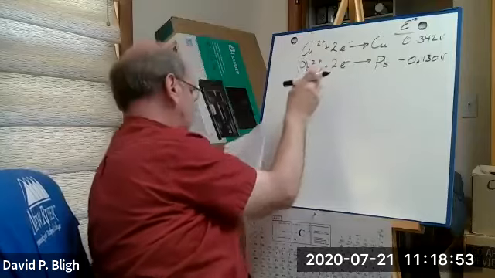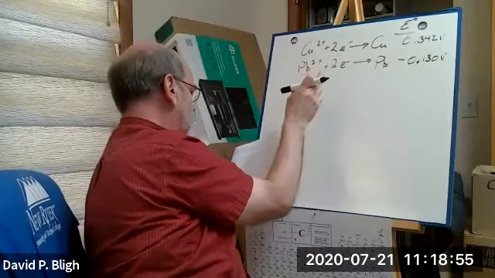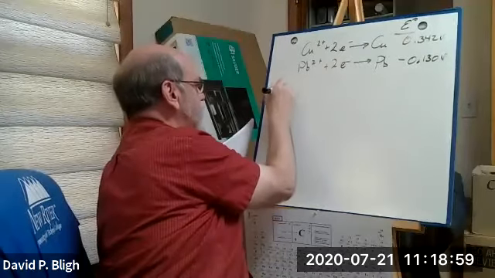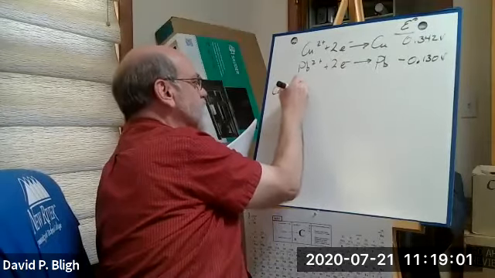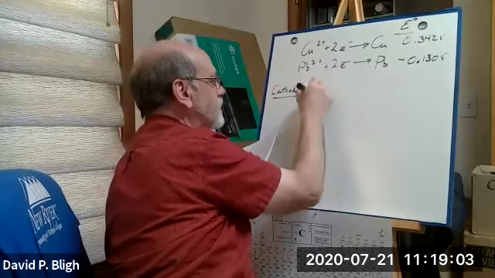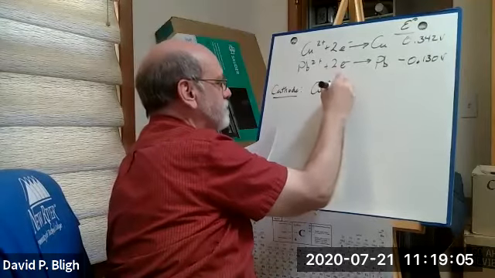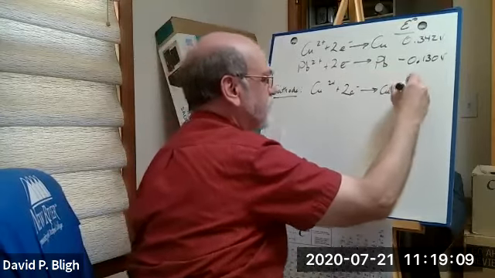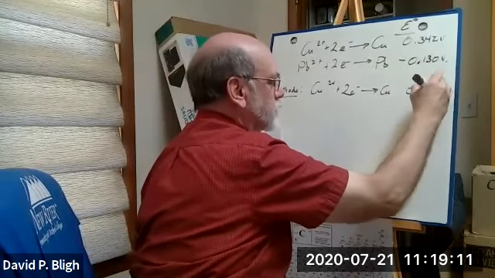So we would say this one would be the cathode, where reduction takes place. At 0.342 volts.